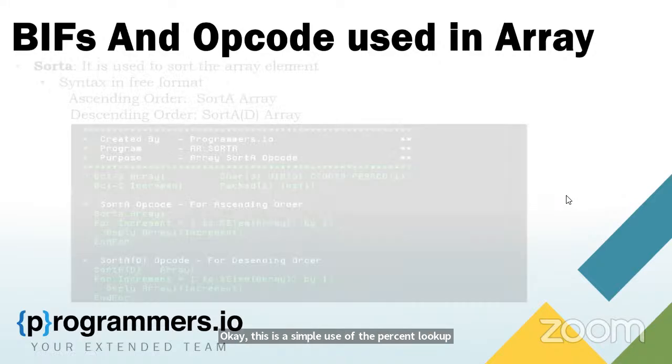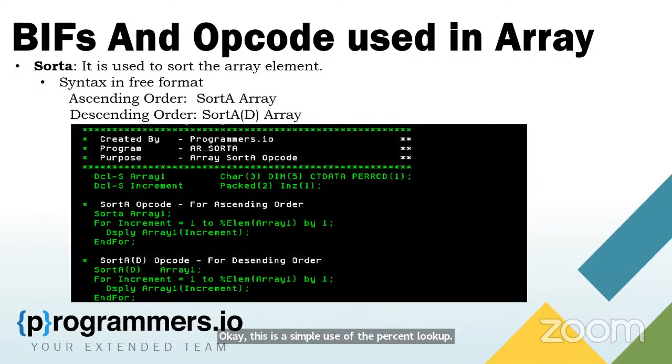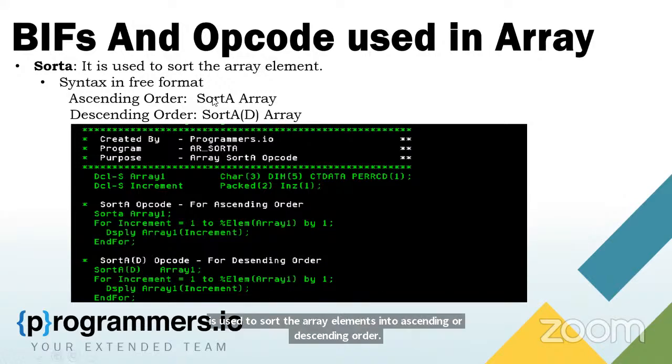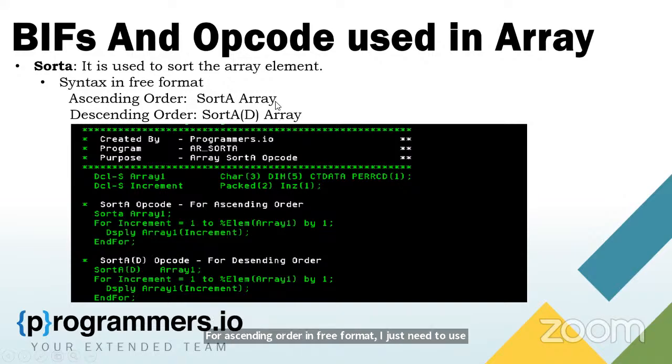The next one is the SORTA opcode, which is used to sort the array elements into ascending or descending order. For ascending order, in free format, I just need to use SORTA and the array name. For descending order, I use SORTA with D in parentheses for descending order, then the array name. I have declared a compile time array.